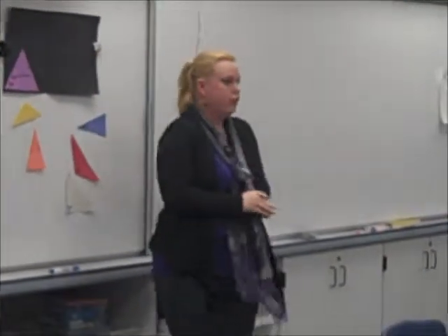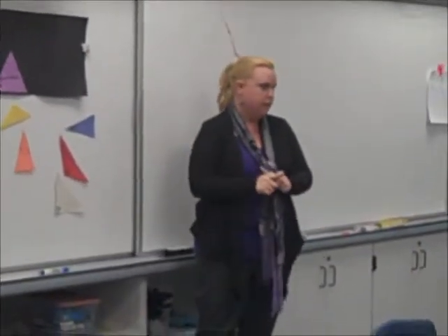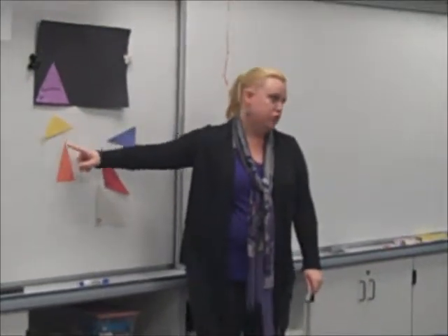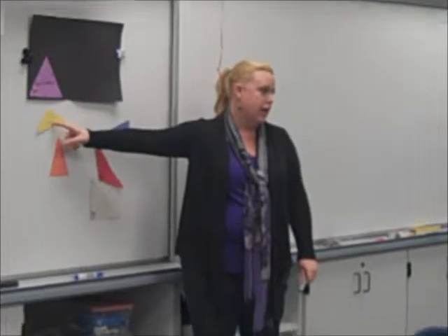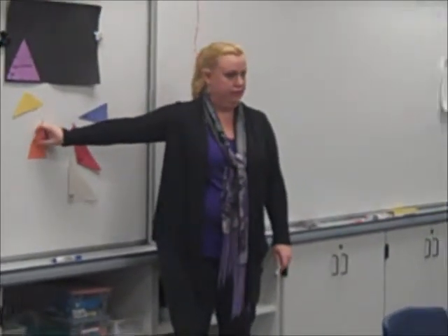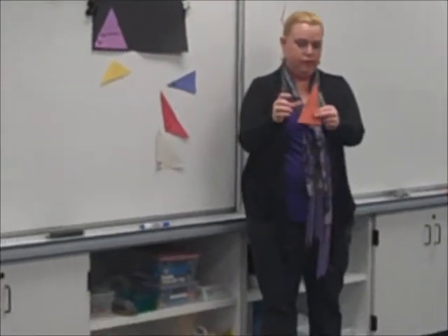Okay, so let's talk about triangles that we can classify using the sides. So these ones are triangles that we can classify using the sides. Do you remember the name of this one? This one shows 2 sides are the same. But the bottom's not.